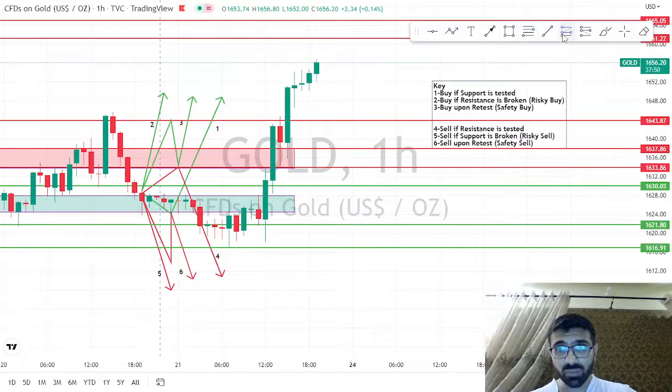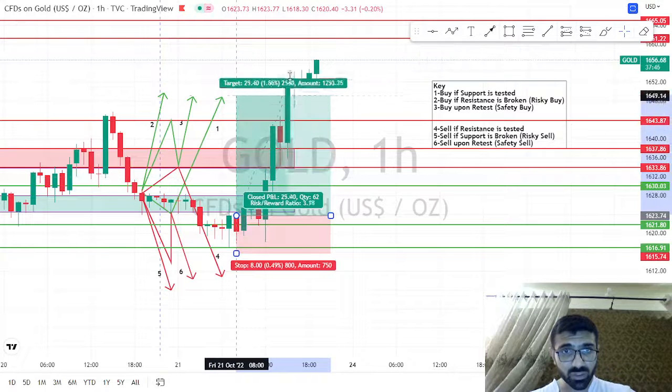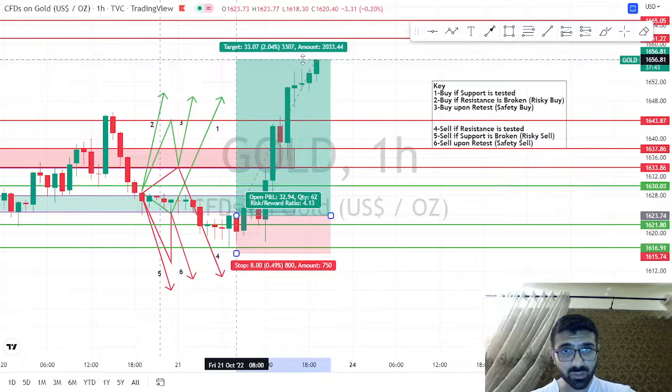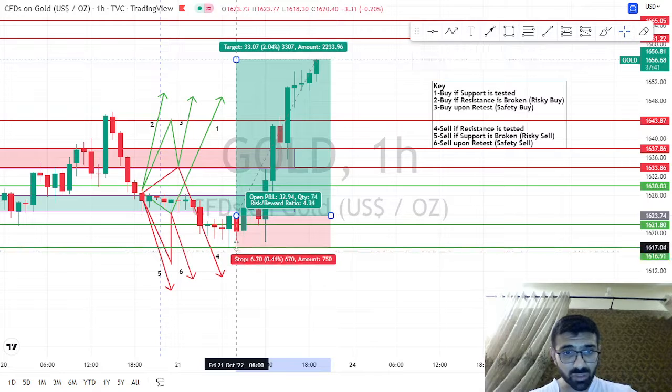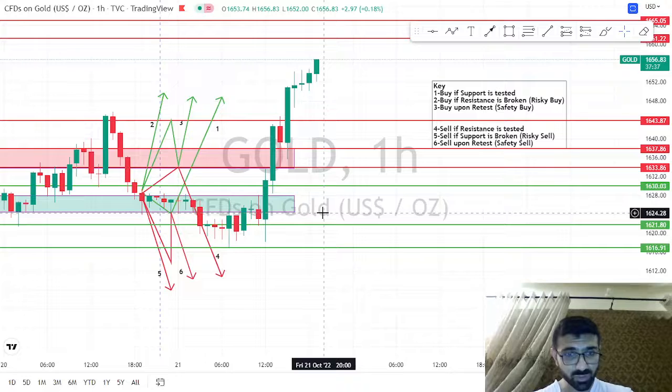So for example, if we would have taken a buy entry over here, our take profit would still be running over here, and our stop loss will be approximately here. So this trade would have given us a 4.9% profit.